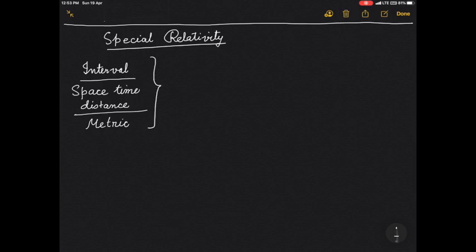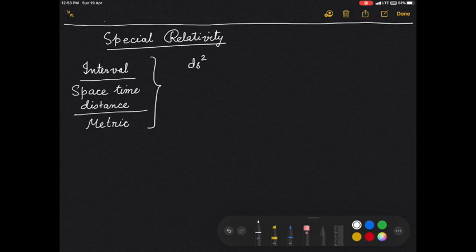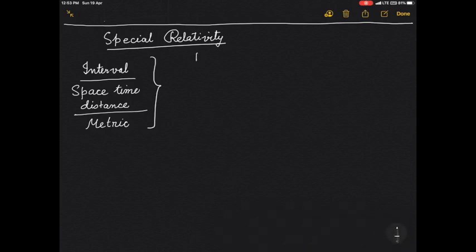So what is that for special relativity? Remember that we write it as ds square. But before we go to ds square, let me remind you what it is first. We have two events happening. Event 1 happens at a certain time, say ct1.